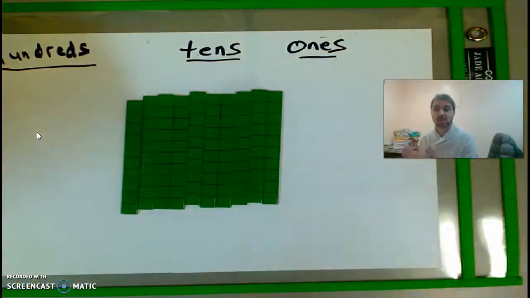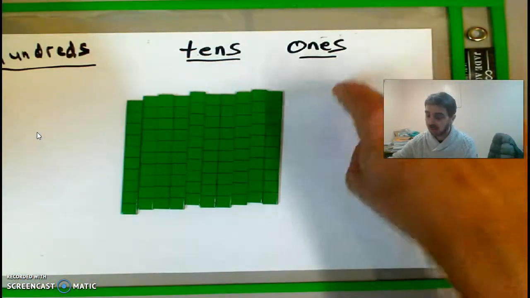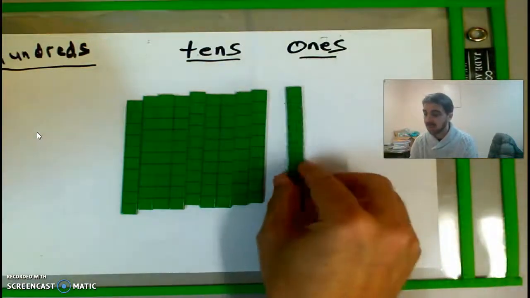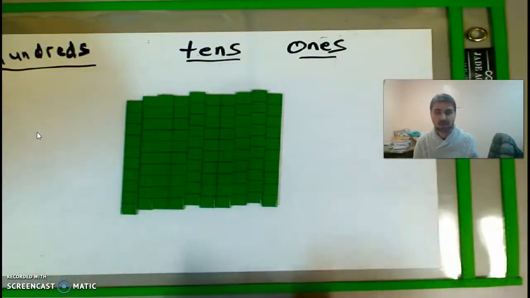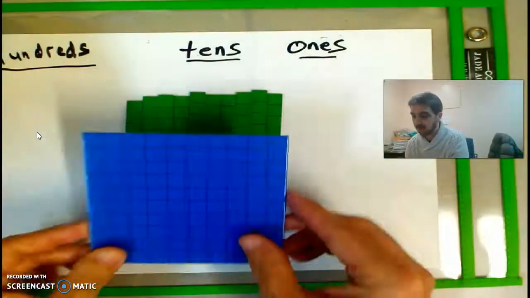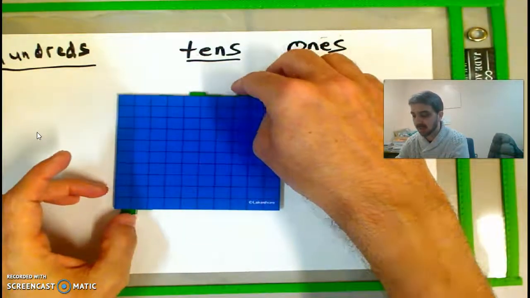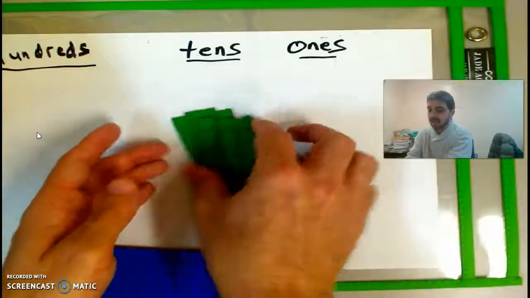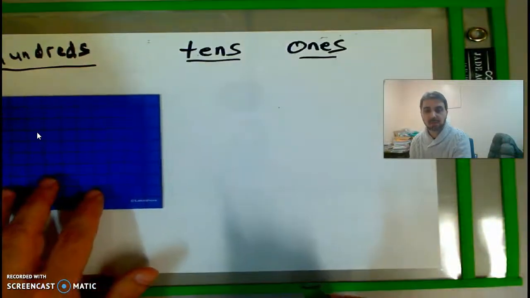So the same way that 10 ones can become 1 ten, 10 tens can become 100. If I bring out one of my hundreds and put it right on top, it should cover it just about perfectly, and it does. So I'm going to regroup these 10 tens and instead make them into 100.